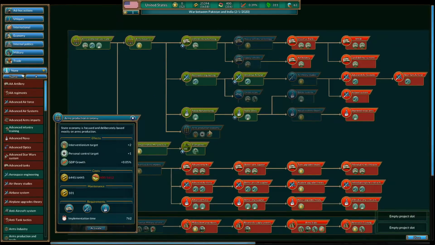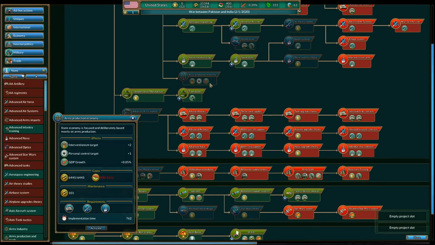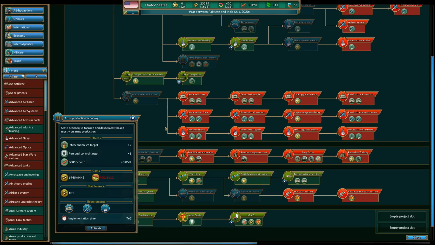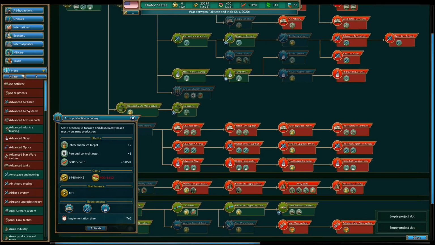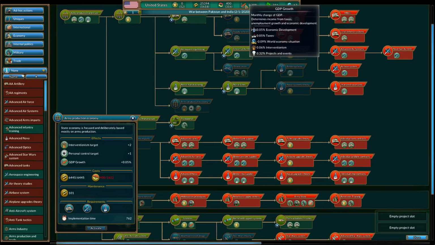You can even put in an arms production economy, which gives you more GDP, but it gives you interventionism and personal control target, because the idea is that state manufacturing is hiring jobs, outcompeting the private industry, but still growing the economy in order to produce arms. This costs you money, but it's good to generate economic growth.